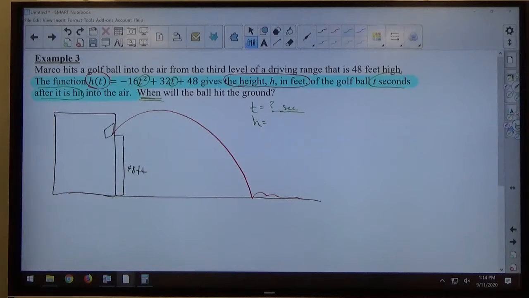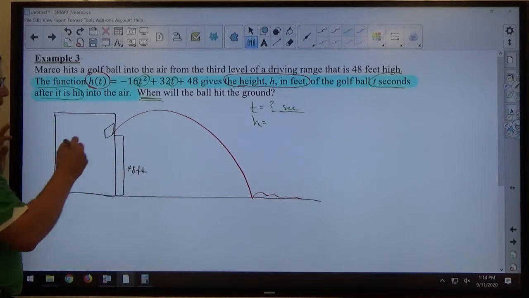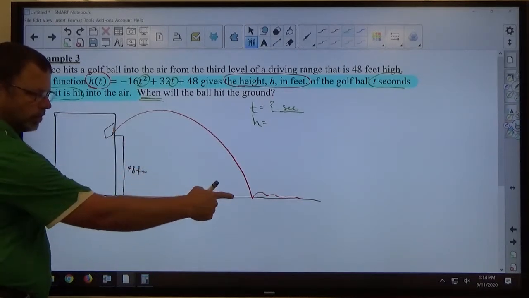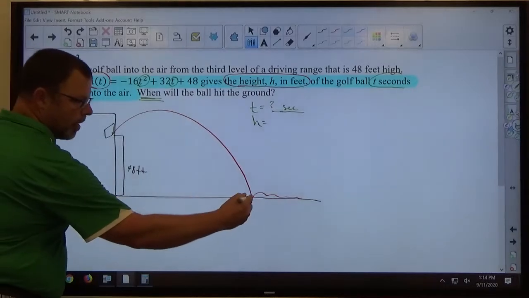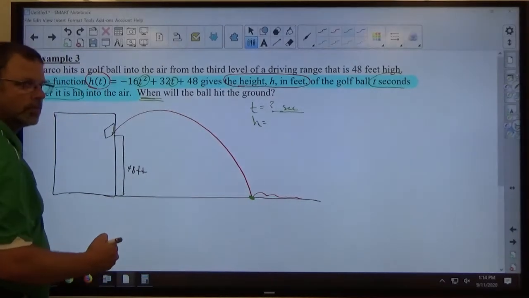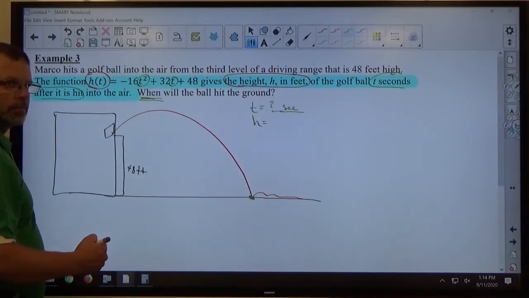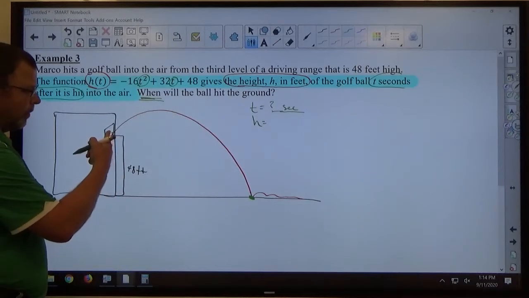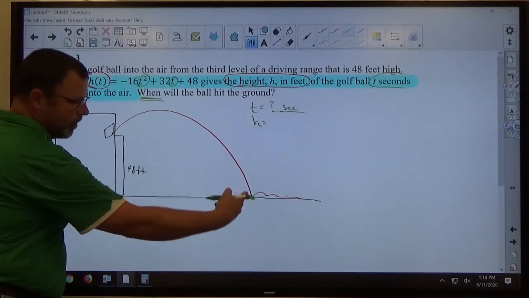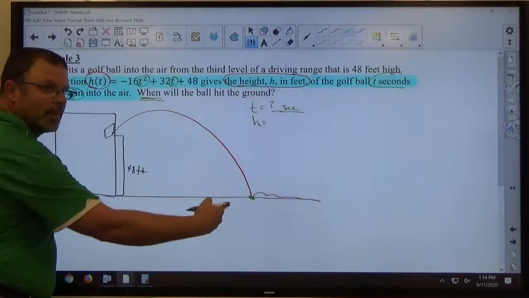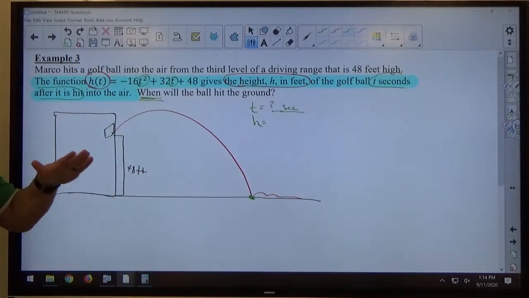Okay? So if the ball is going to hit the ground, what do we know about the height? 48? Well, 48 is where the ball starts off. Where's the ground? This is the ground, right? How many feet high is the ground? 0. And this is 48 feet high, so the ground is 0 feet high, right? If something hits the ground, height is 0.